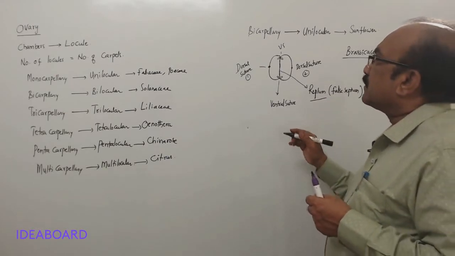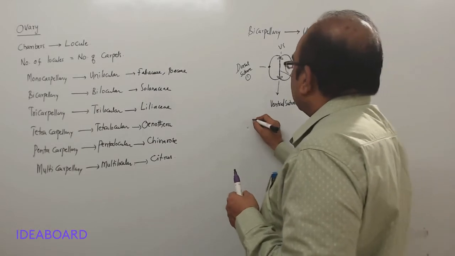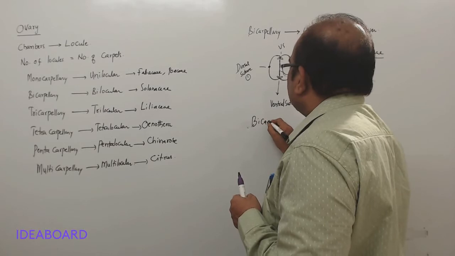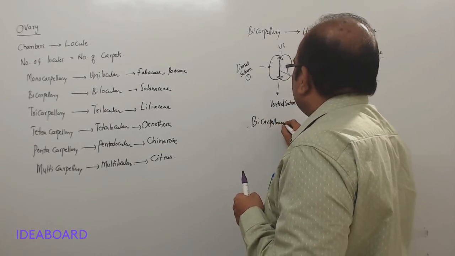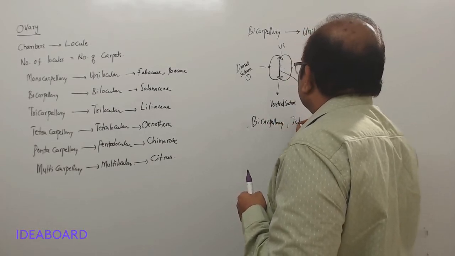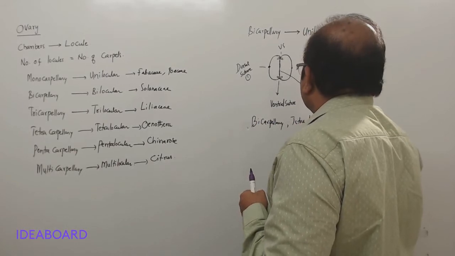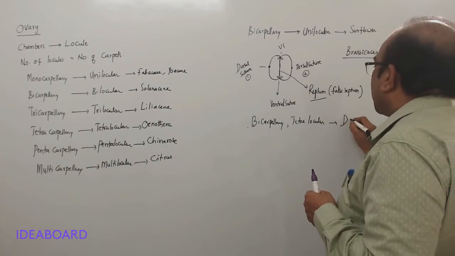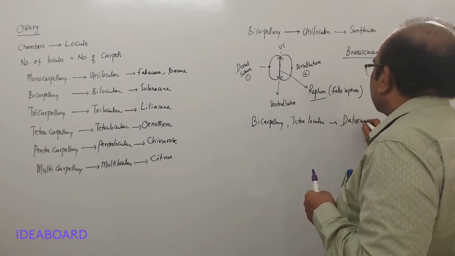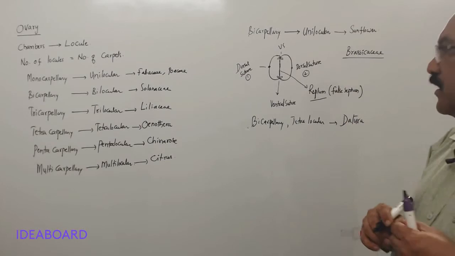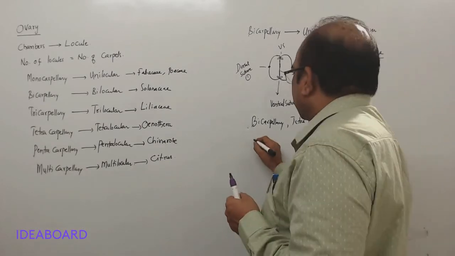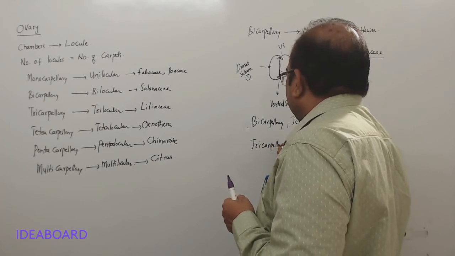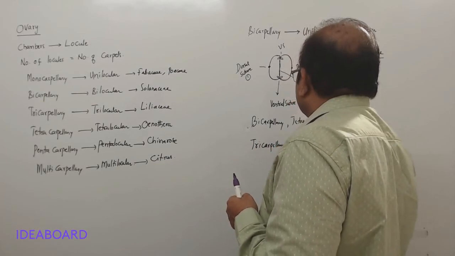So that is one example, and one more example you can take: bicarpellary tetralocular. This condition you will find in the plant Datura of Solanaceae family. And one more example you can take like tricarpellary unilocular.